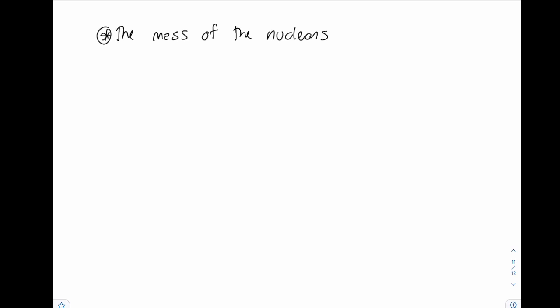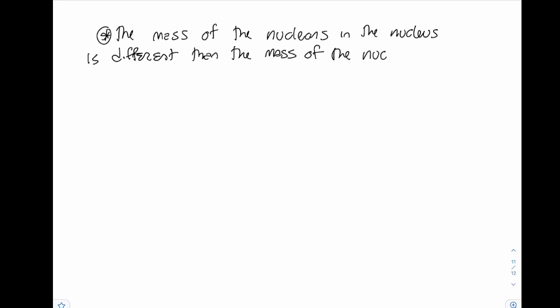So the mass of the nucleons in the nucleus is actually different than the mass of the nucleons when isolated.